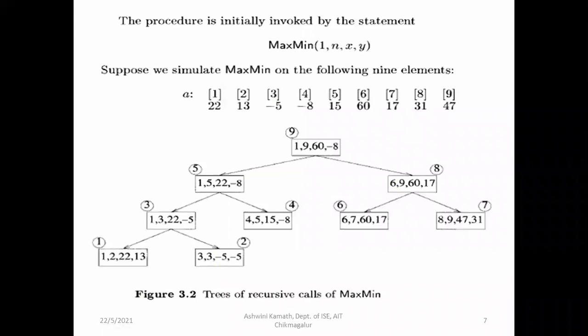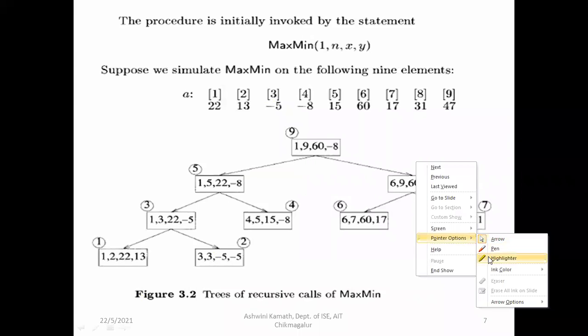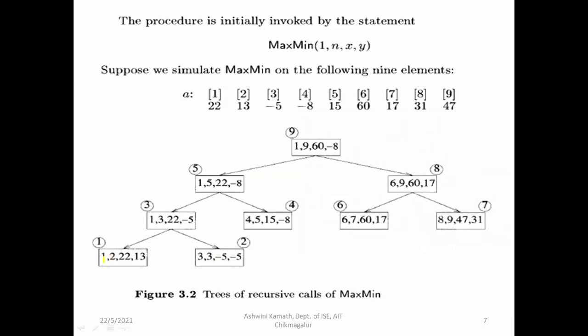While assigning, you can see that 1 and 2 is small of p. 22 will be assigned to max and 13 will be assigned to min. Then minus 5 will be assigned, and you can notice that we have given the node numbers, showing how max and min values are calculated.